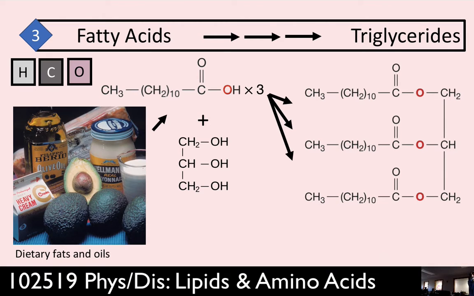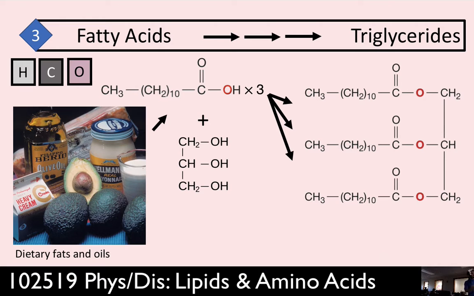This structure, a C double bond O, is a carbonyl group, but when it's also attached to a hydroxyl group, this whole thing becomes a carboxylic acid. And that's because a carboxylic acid can donate that proton. It can get rid of that proton, and it will look something like this.